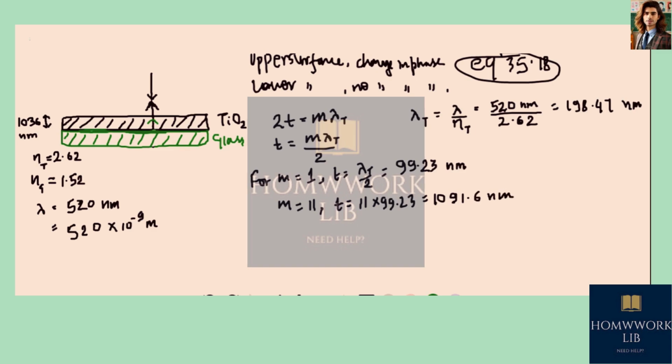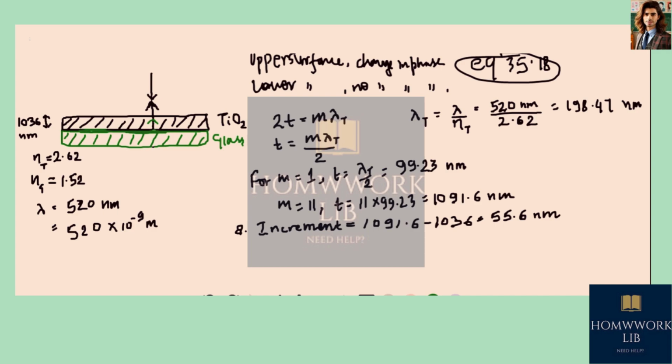So the increment is the thickness we would have to add, which is what part A of the question asks: the minimum thickness that we must add. The increment is 1091.6 minus 1036, which is equal to 55.6 nanometers.